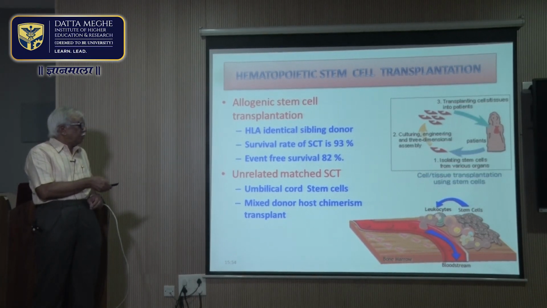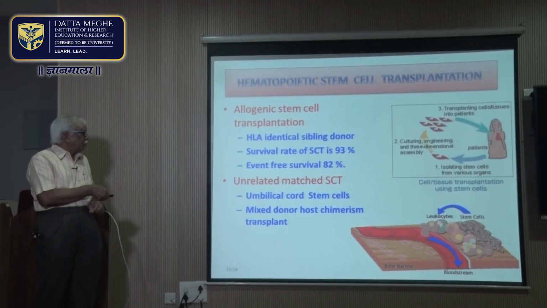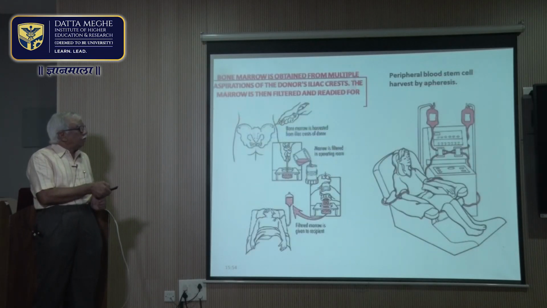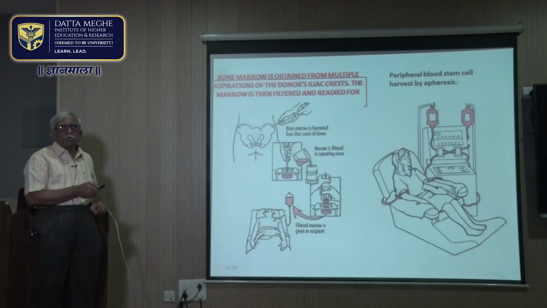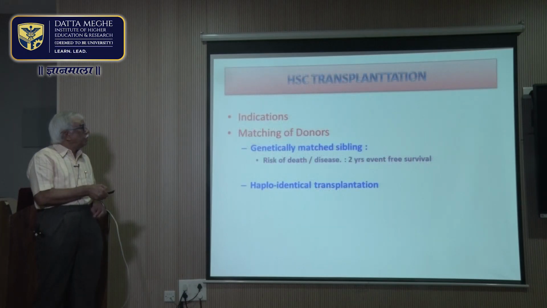Unrelated match, sickle cell stem cell transplant, umbilical cord stem cells, mixed donor host chimerism transplant. These are various types. They are still available for less than 0.00001% of the population, because of the cost and the complications. It is not available for each and every patient.